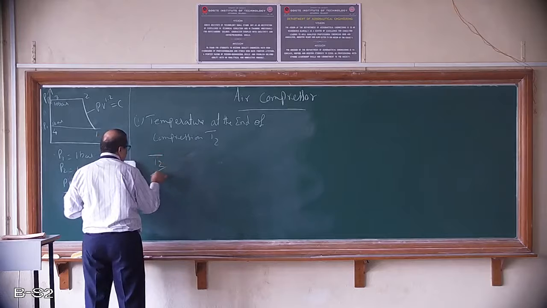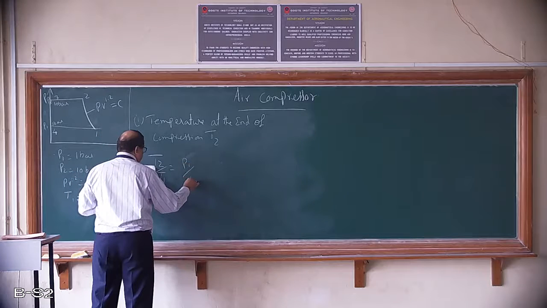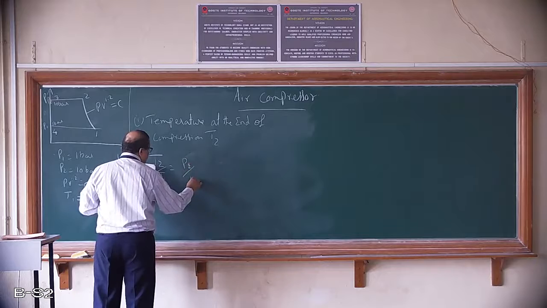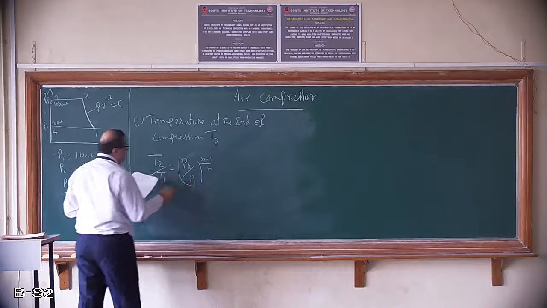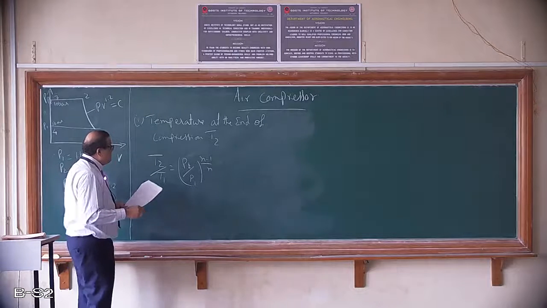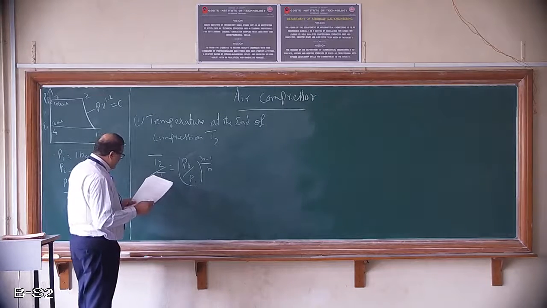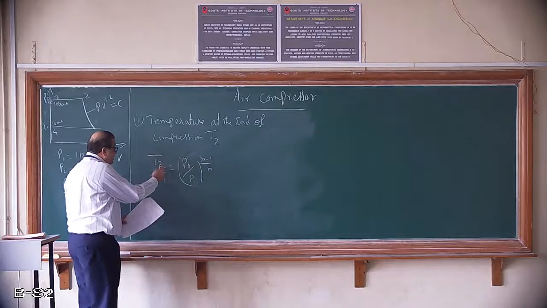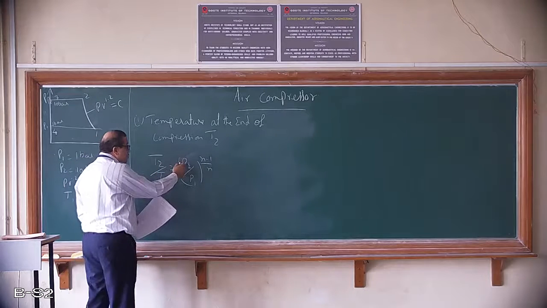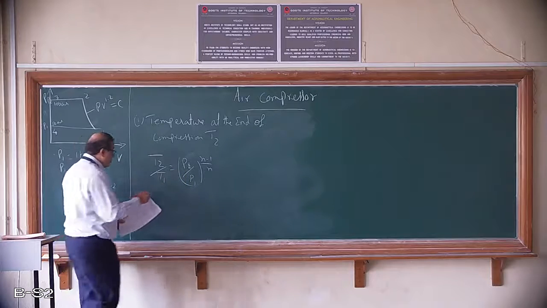T2 by T1 we know is equal to P2 by P1 to the power of n minus 1 by n. If it is P1 by P2, it will be 1 by n. So, it is n minus 1 by n. T2 is not given, T1 is given, P2 is known, P1 is known, substitute and calculate T2.